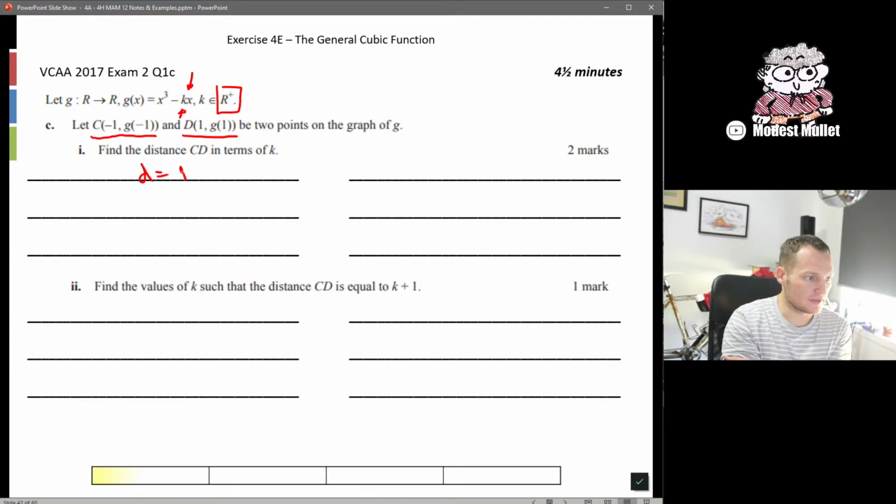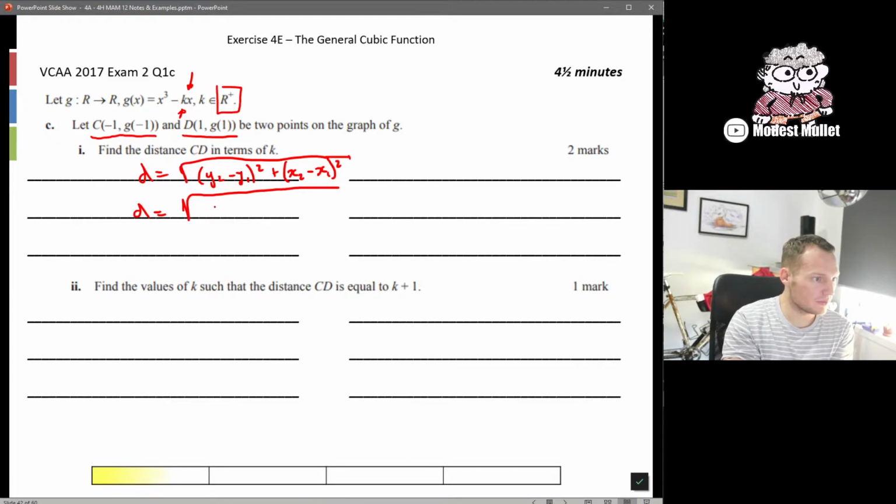So again, we have distance is equal to the square root of y2 take away y1 all squared plus x2 take away x1 all squared. And in our case, that is equal to g of 1 take away g of -1, all squared, plus 1 take away -1 all squared. Now we could start subbing in x cubed minus kx into each of those.